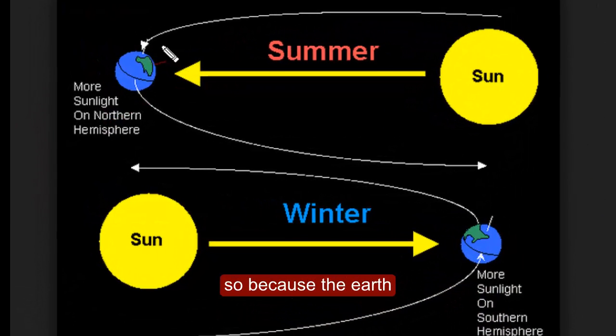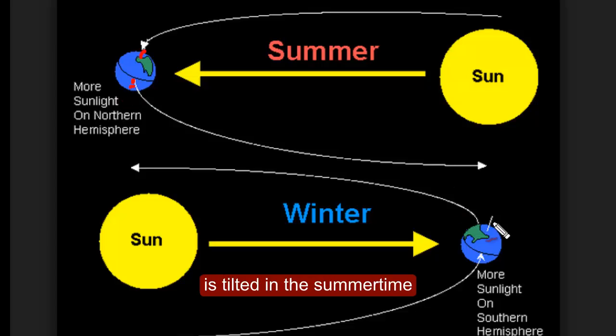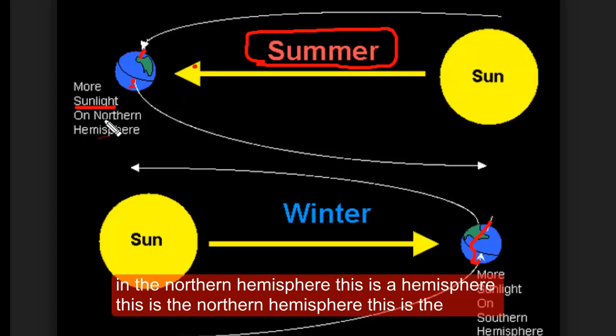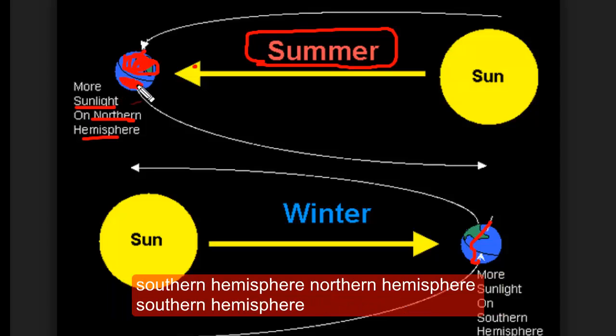Because the earth is tilted, in the summertime more of the energy or the sunlight in the northern hemisphere, this is a hemisphere, this is the northern hemisphere, this is the southern hemisphere.